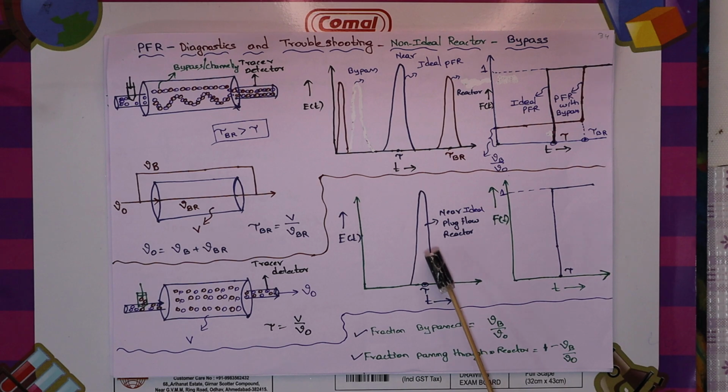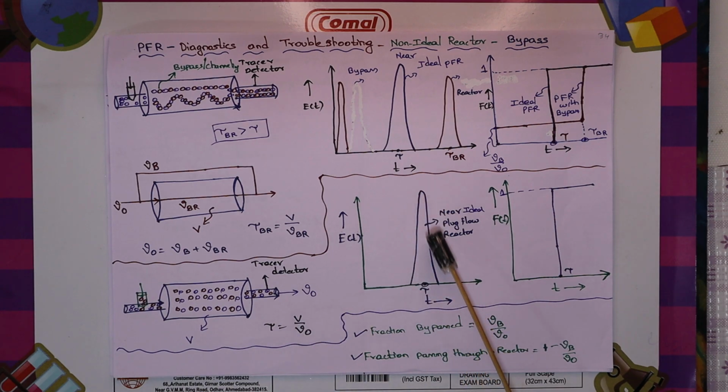So we use this curve and compare it with the non-ideal curve so that we can identify the bypassing issue in the non-ideal reactor. Okay, so what is the near ideal plug flow reactor? Simple. The space time of the reactor is nothing but volume by volumetric flow rate. That means the injected tracer, after traveling through the reactor, comes out at the exit after time tau, which is called the space time of the reactor.